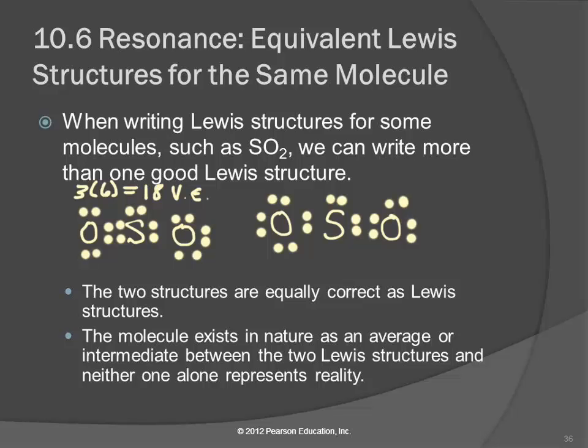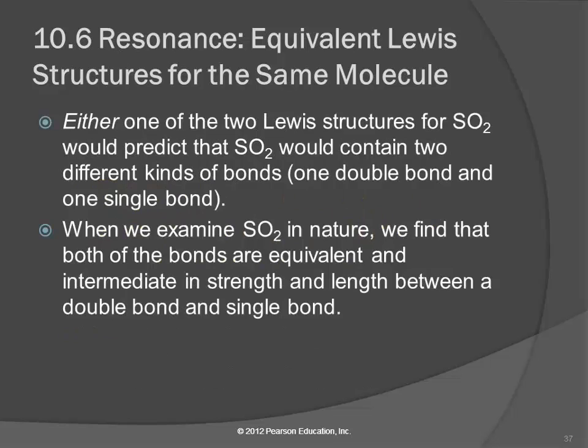So if we look at SO2 and analyze it, we find that actually the bond between the sulfur and the oxygen is more like a 1.5 bond, which Lewis structure can't handle. So what we do, these are called resonance structures, because in Lewis structure we think of it resonating between those 2.